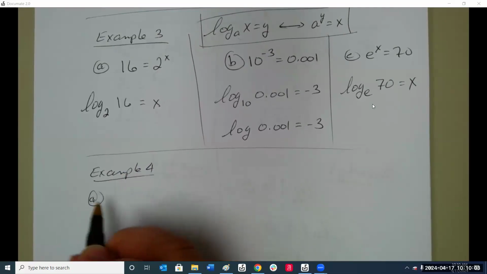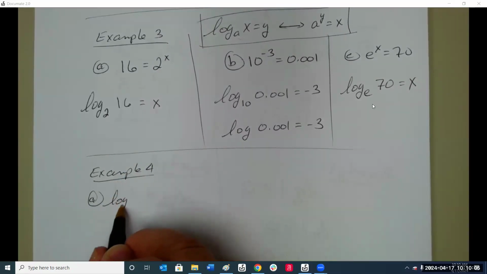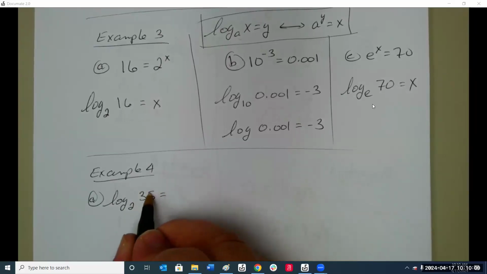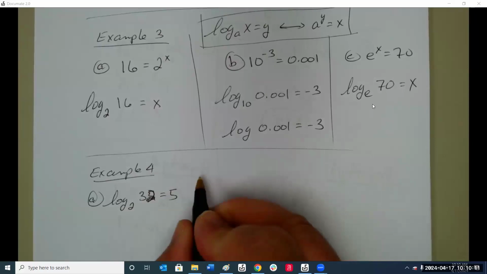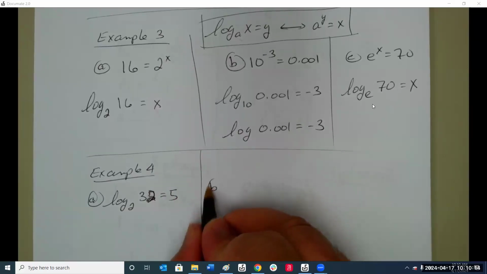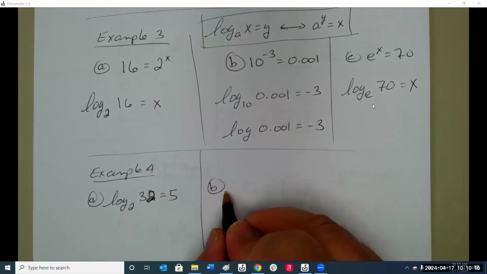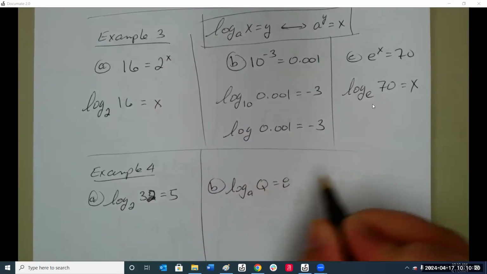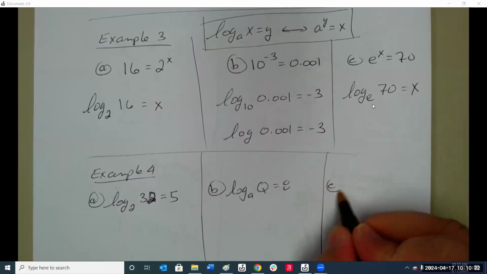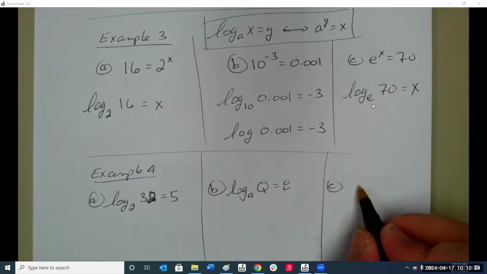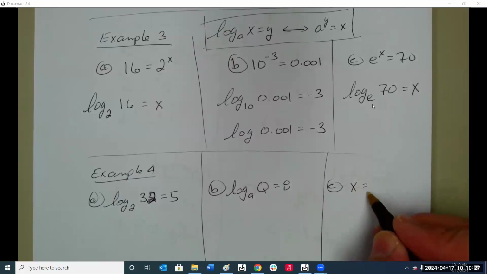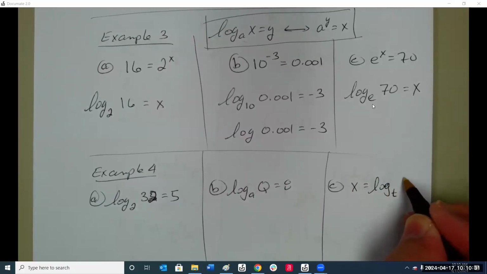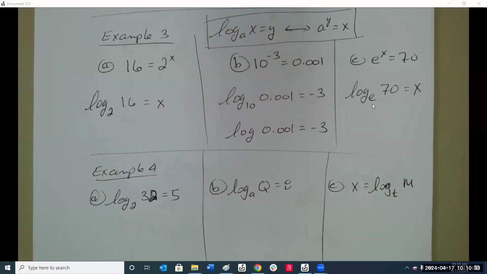Example 4, convert to exponentials. Log base 2 of 32 equals 5. Log base a of q equals 8. x equals log base t of m.